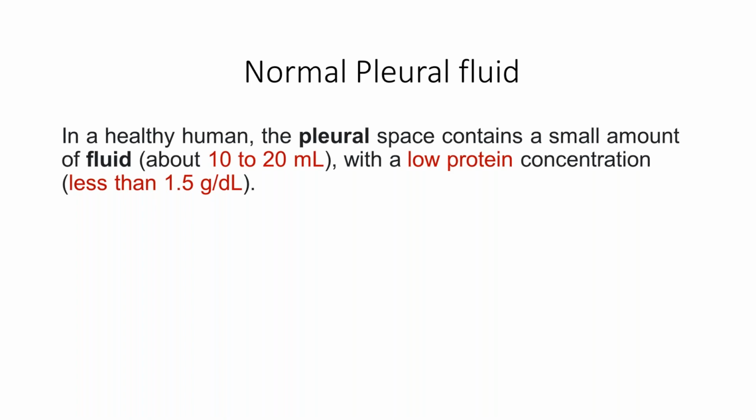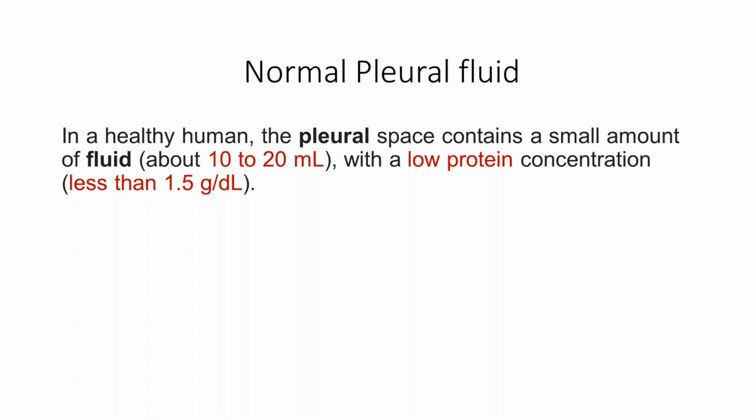Protein content is 1 to 2. Cells are fewer than 1000. Glucose is almost similar to blood plasma. LDH is 50% of plasma, less than 40 international units.